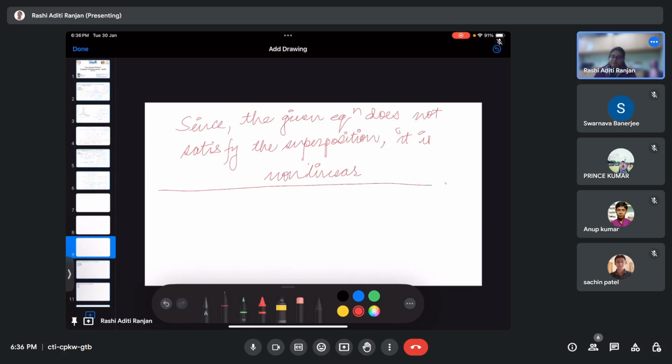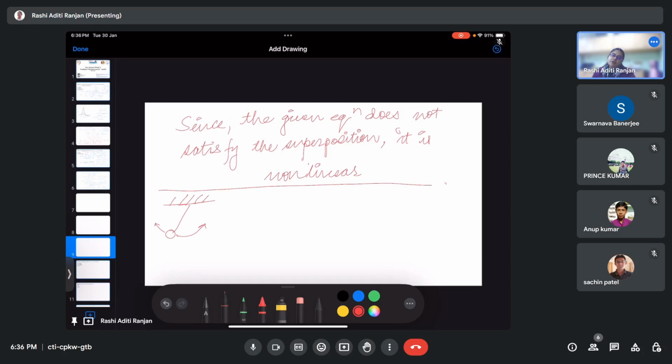For example, in plus 12, we have been solving the equation of a simple pendulum, wherein we have a bob attached to a string, and the bob oscillates. It goes here, it goes there.